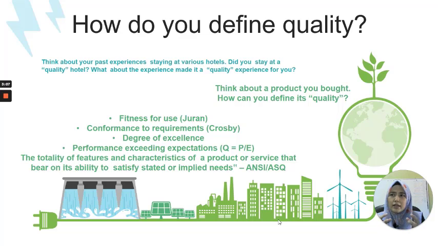Kadang-kadang dia boleh edit gambar, tapi bila dia edit gambar tu jadi macam fake. So the quality is not good lah, because dia punya conformance dia tak at par dengan requirement dia. And the degree of excellence, betapa bagusnya sesuatu produk itu.